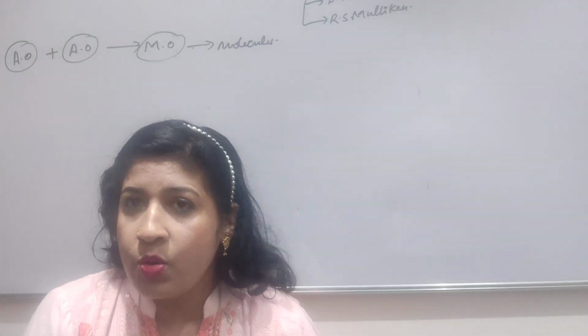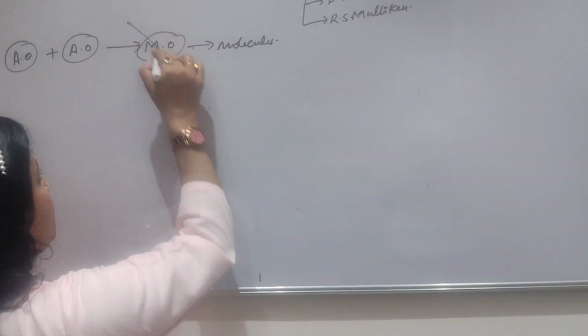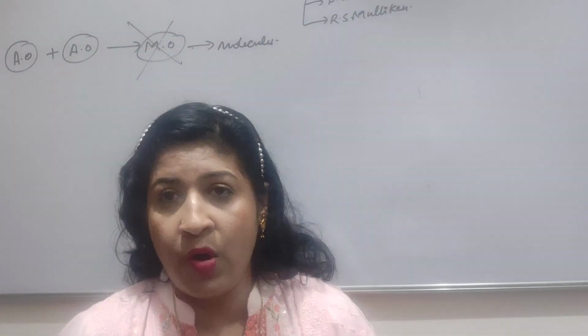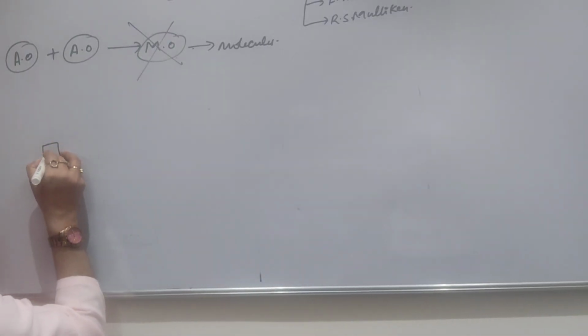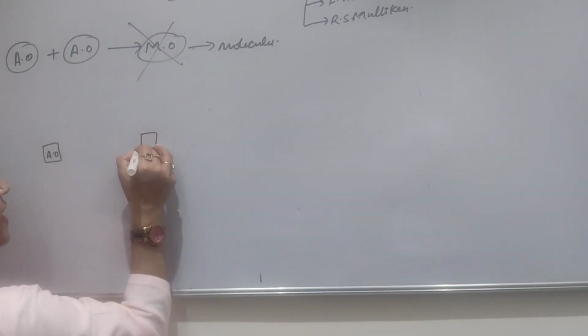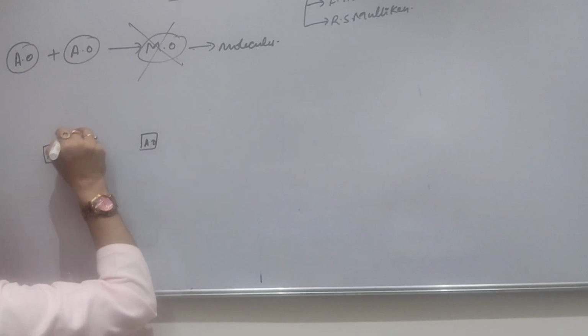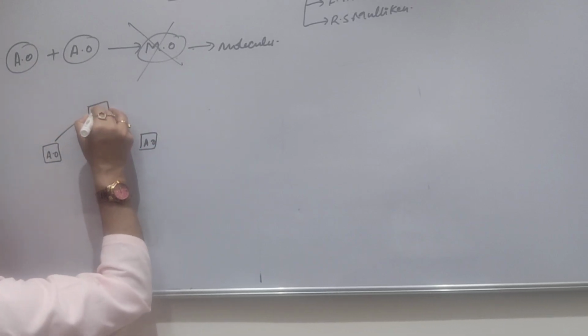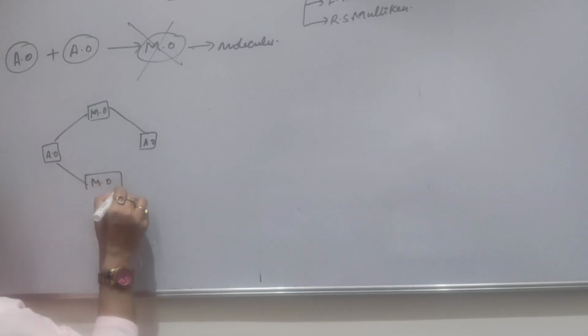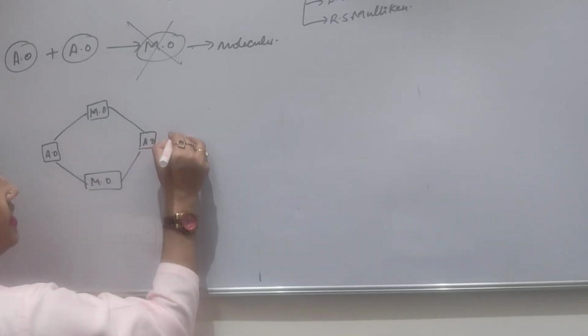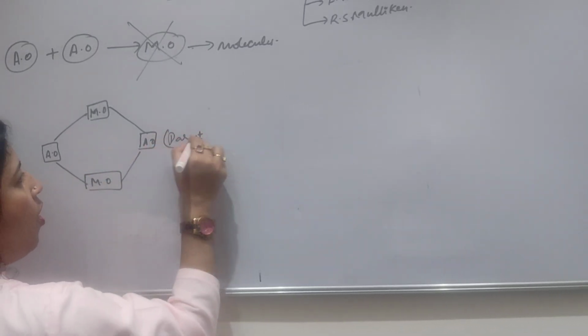But is it how it is being formed? No, this is not the way it is being formed. It actually takes place when an atomic orbital combines with another atomic orbital, and it forms a molecular orbital and another molecular orbital. That means these are the parent atomic orbitals.